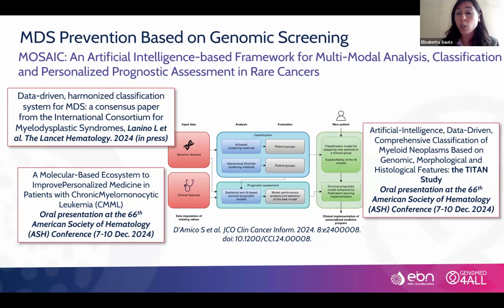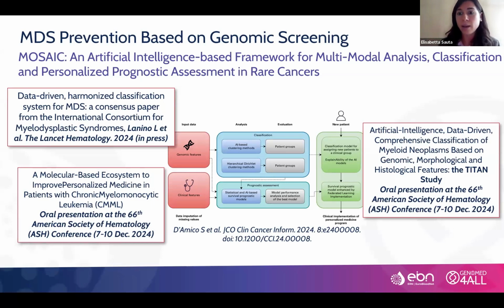We used this MOSAIC framework, for example, in an important clinical work, a big effort of the International Consortium for Myelodysplastic Syndromes, in which they are trying to define a data-driven consensus classification, driven by clinical and genomic features of this patient, trying to harmonize the actual classifications that are present for this patient.